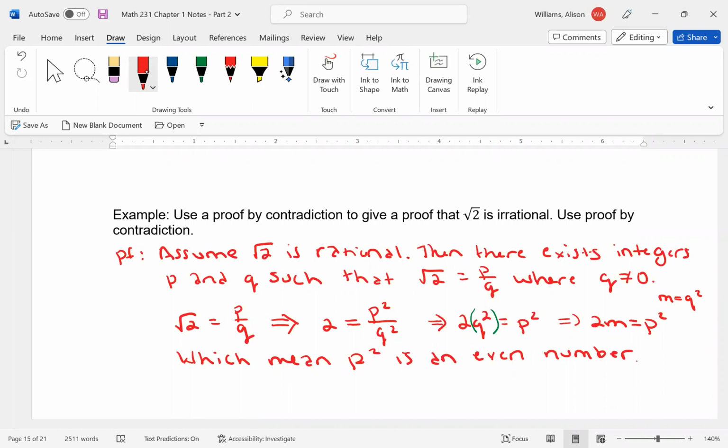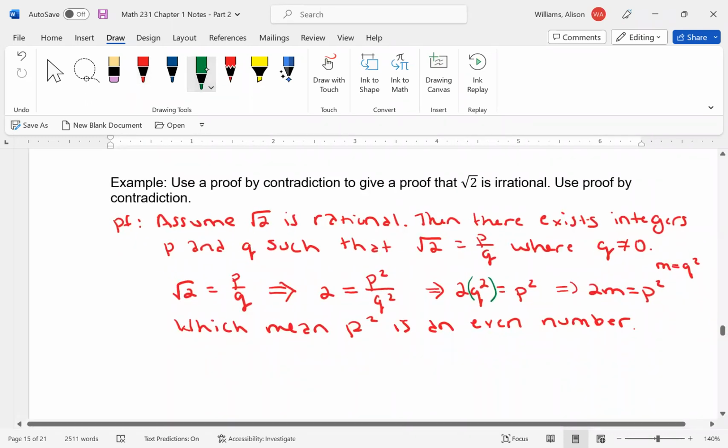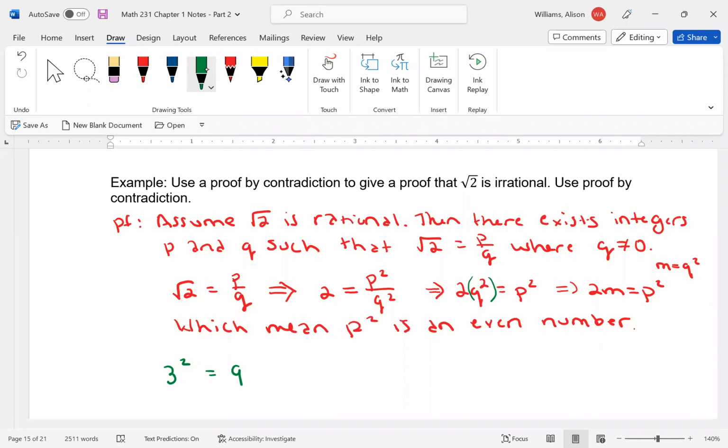So if you have a square that is an even number divisible by 2, that actually has to mean that the original number is also divisible by 2. Think about it. If I take an odd number and square it, I'm going to get an odd number every time, because I can't automatically get a factor of 2 in there that's going to magically make it divisible by 2.